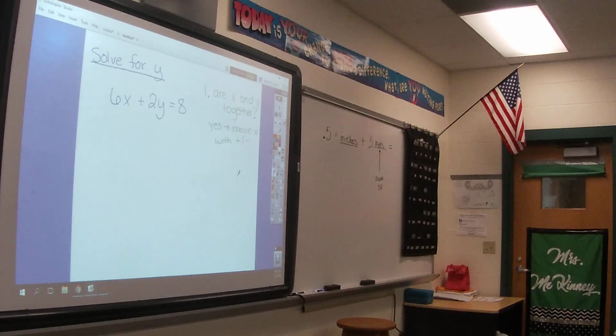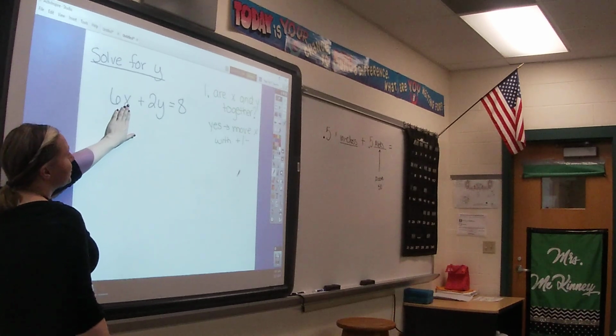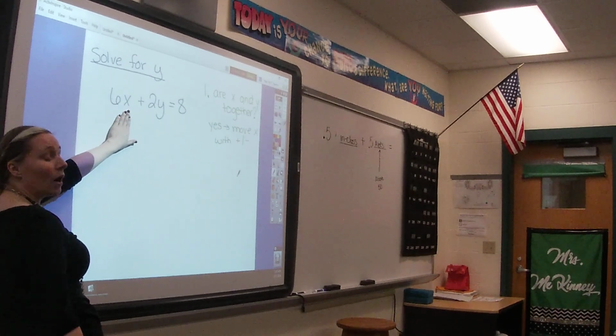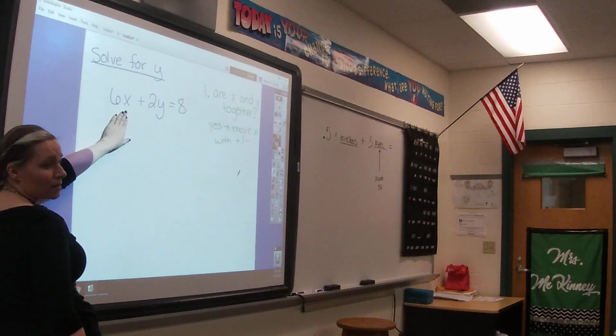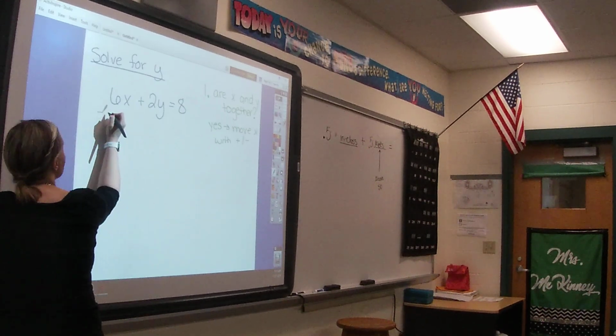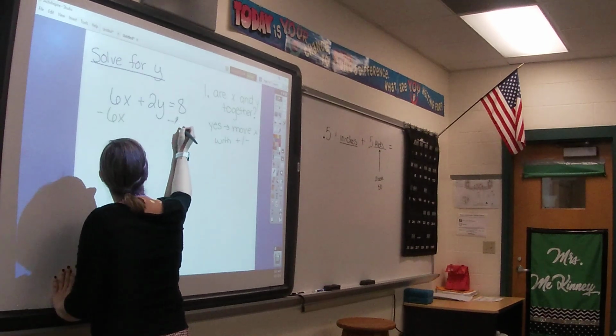Okay, that 6x functions as one big chunk, and it all gets moved together in one large piece. So is this 6x positive or negative? Positive. So how are we going to move a positive 6x? Subtract it, right? So we'll subtract 6x from each side.